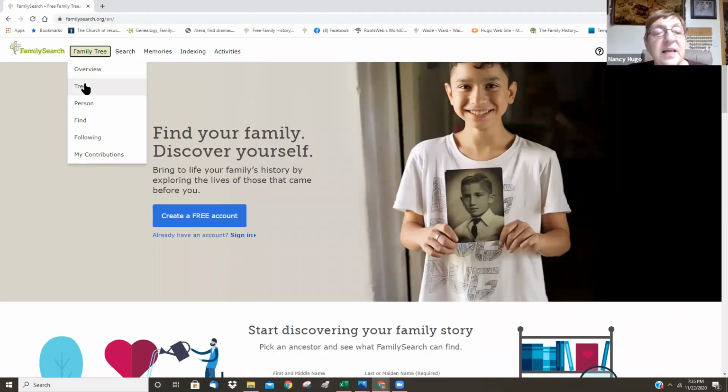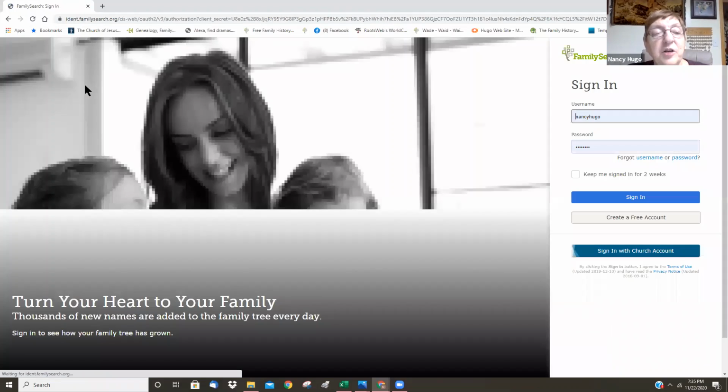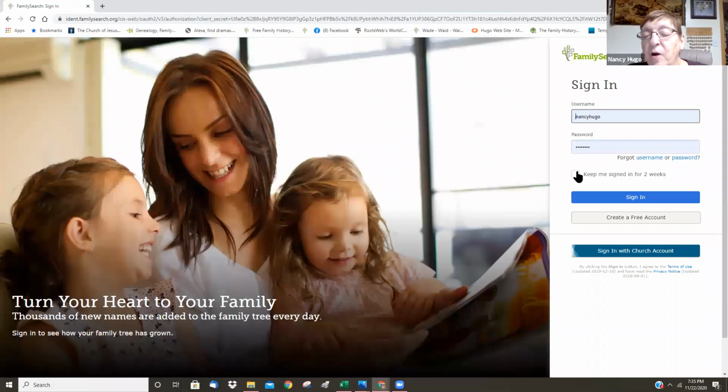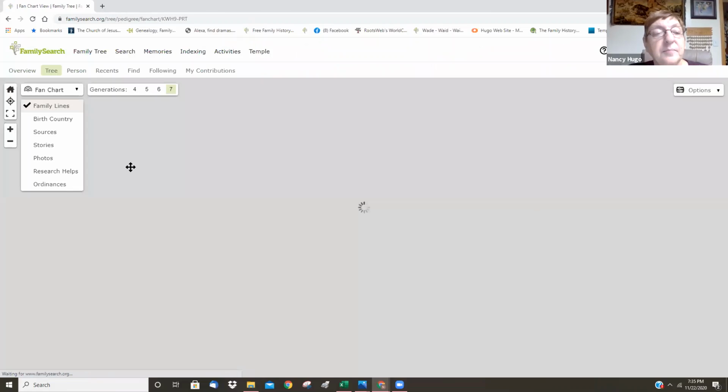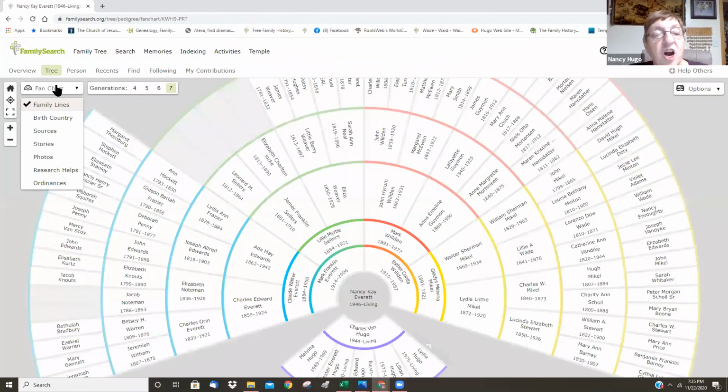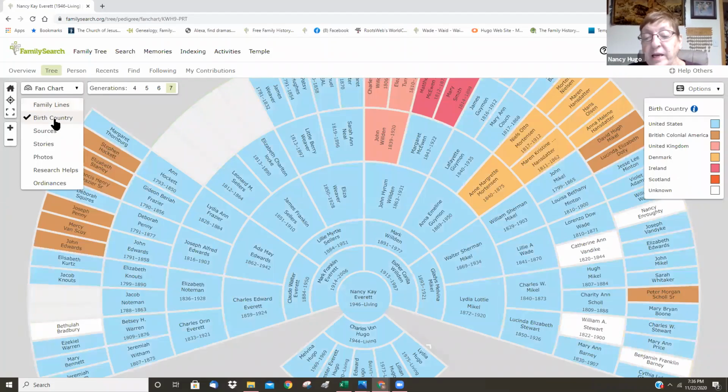Okay, and this is how Angel found this. She went to Tree. Probably you already all know this. She went to Fan Chart. And under Fan Chart, she chose birth country. And then it shows you, and it uses different colors for every person.